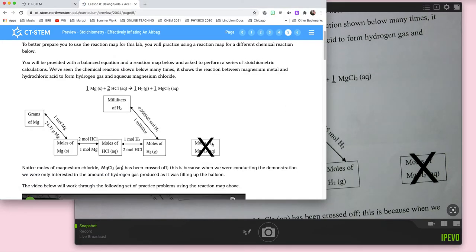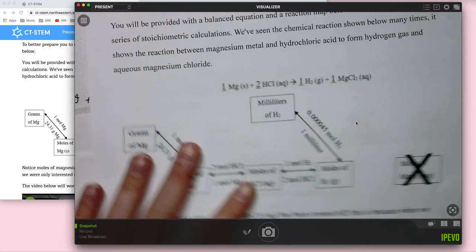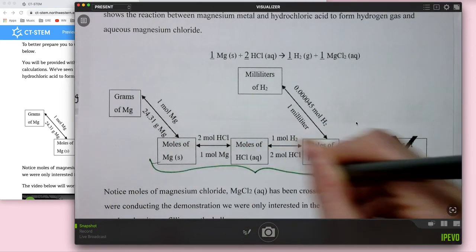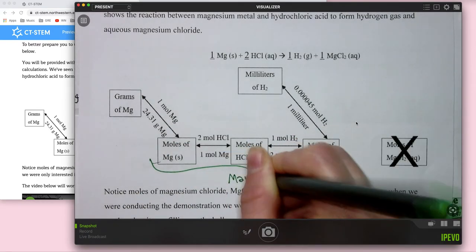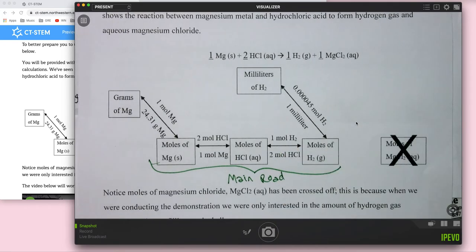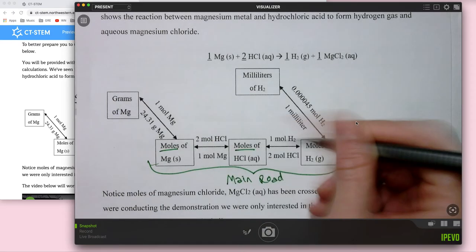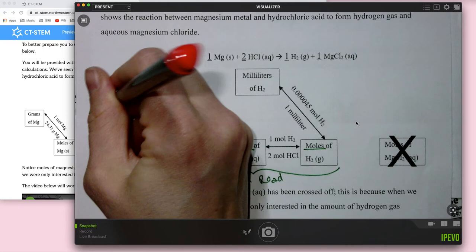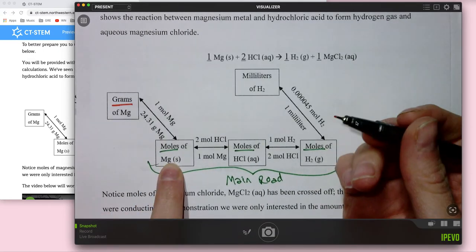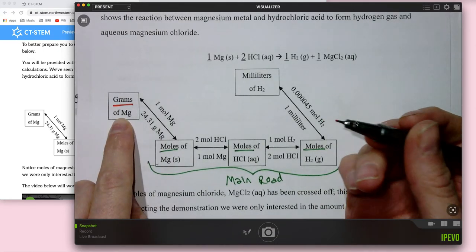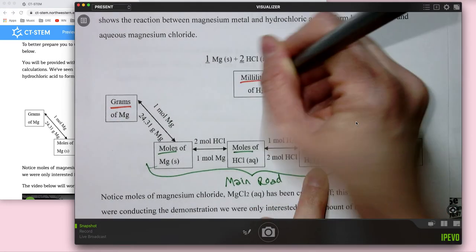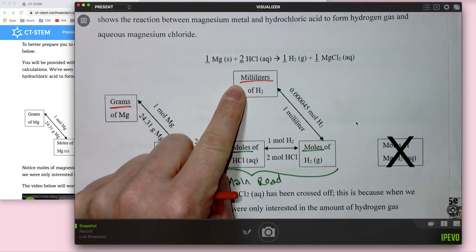Okay, so here's page 5. We have this reaction map. Again, we have our main road here. You'll notice that in the main road, we are just converting from mole to mole to mole. And then we have our offshoots where we can go from moles of magnesium to grams of magnesium, or we can go from moles of hydrogen gas to milliliters of hydrogen gas, okay?